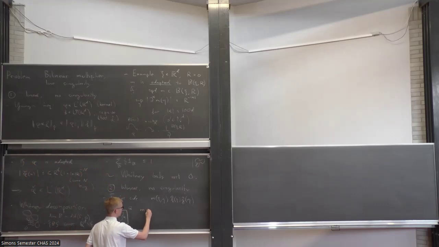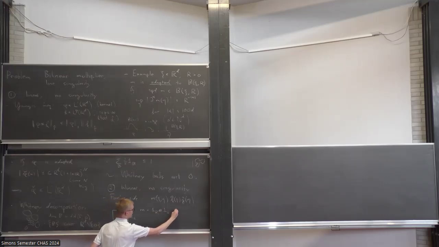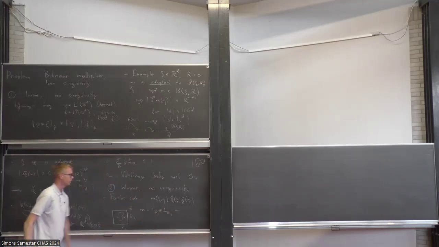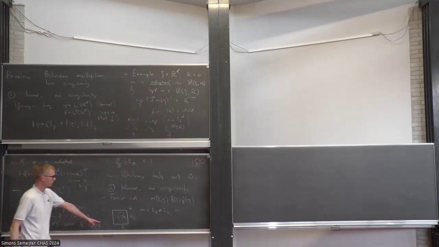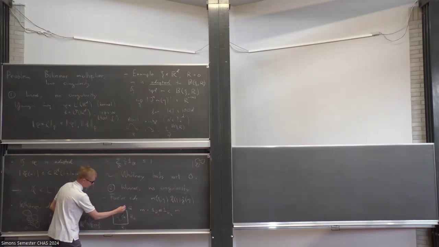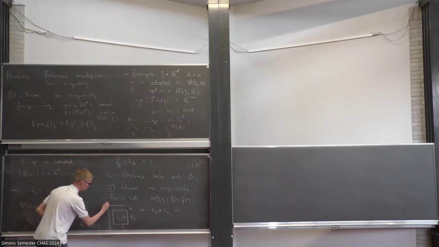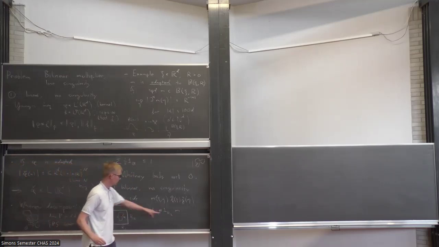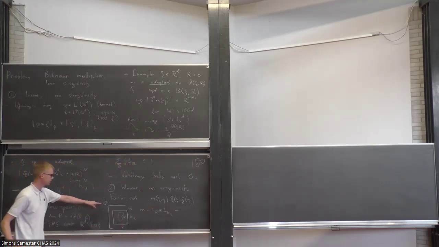And now we can say that m is equal to this thing, because this characteristic function is 1 in the support of m. This is still not solving the problem because this is not a tensor. Then we take another set which is a Cartesian product. Let's call this Q prime. And we expand the function m as a Fourier series here.